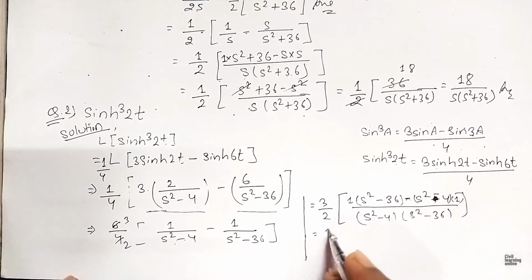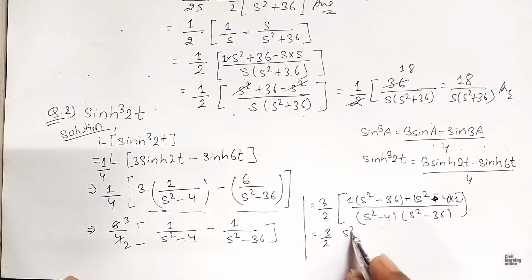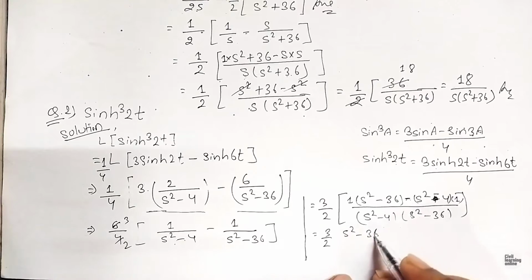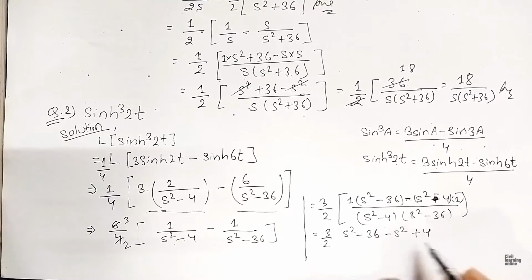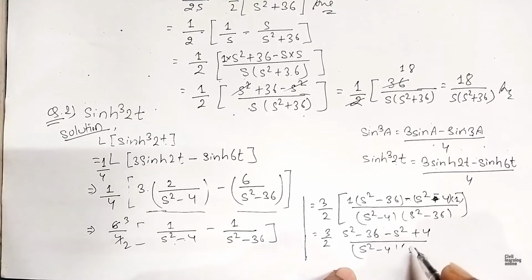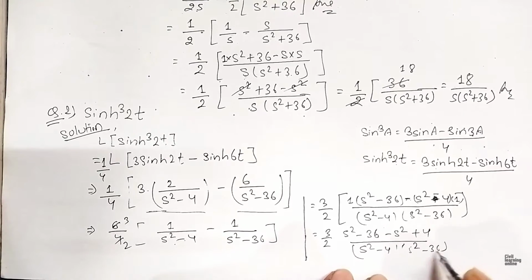Actually this is 3 by 2 times s square minus 36, and due to this sign the s square will get negative, and it was minus 4, so it will get plus 4, upon s square minus 4 times s square minus 36.